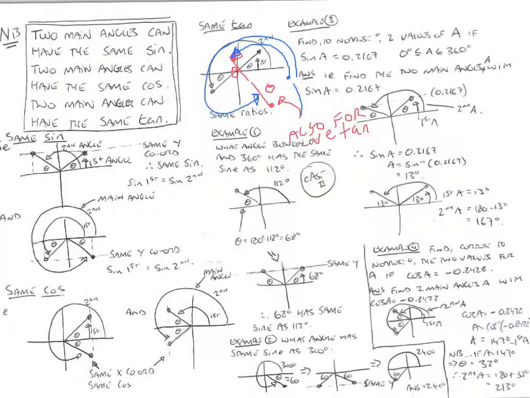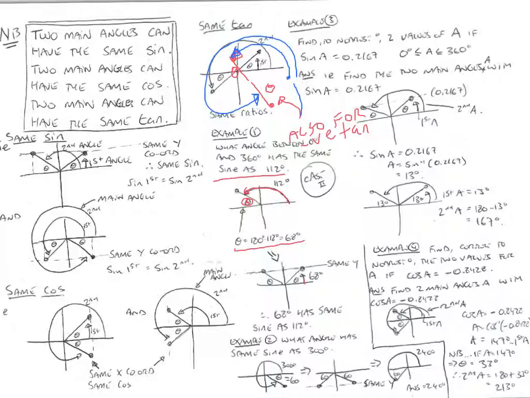What angle between 0 and 360 has the same sine as 112 degrees? Well, to solve this, let's draw our main angle of 112 degrees, and realize that it generates a reference angle here of 180 minus 112, 68 degrees.